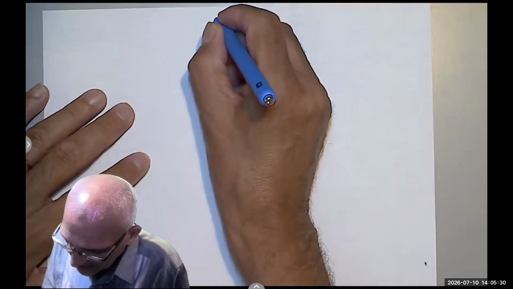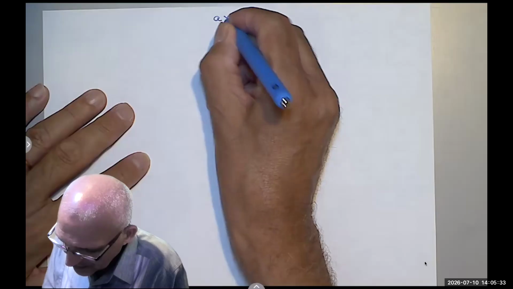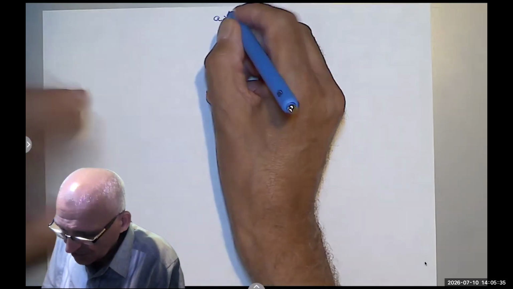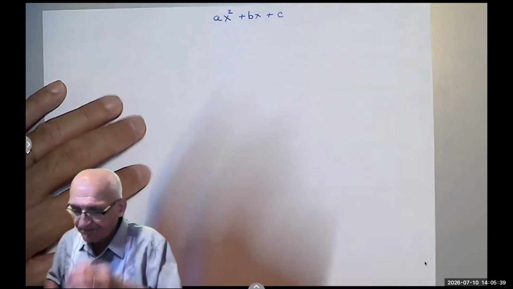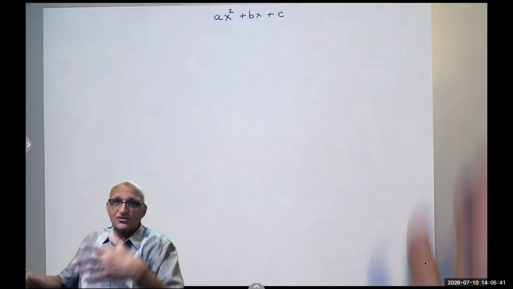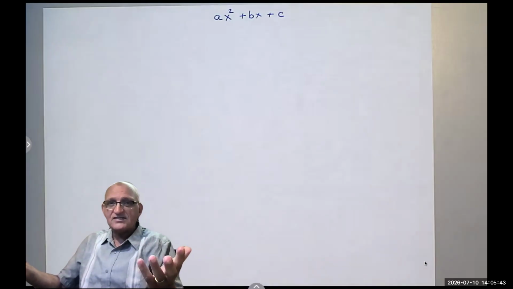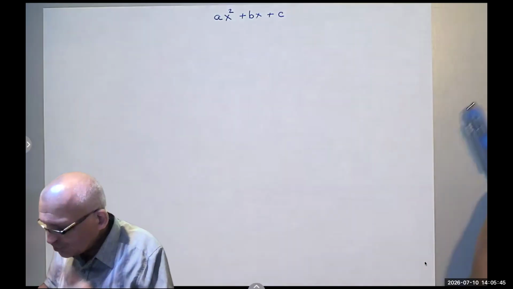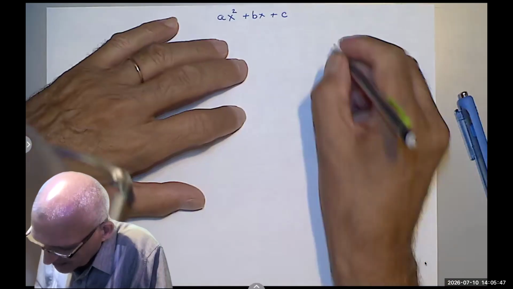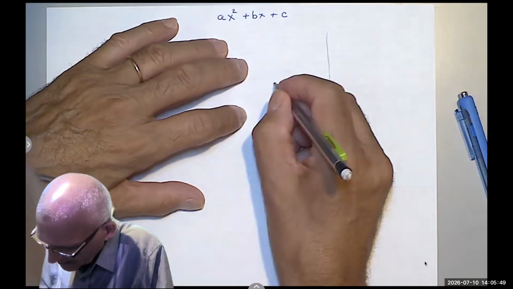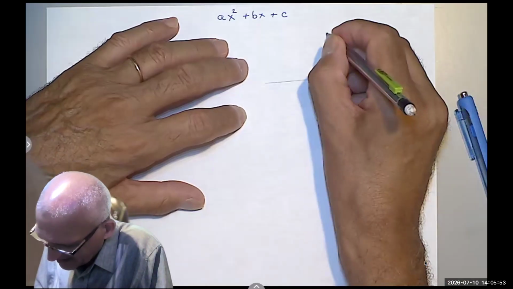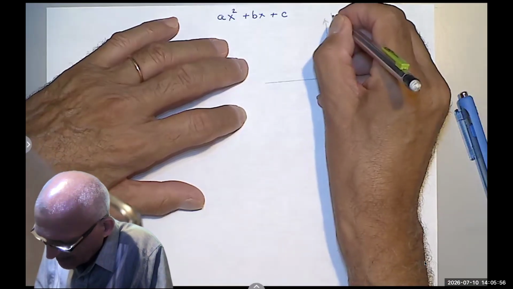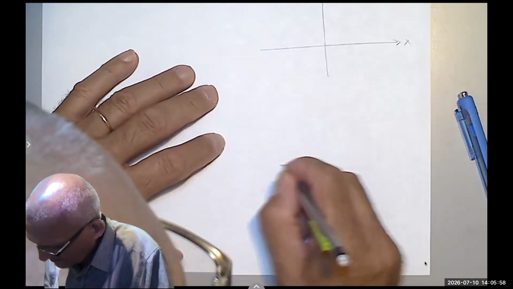A quadratic equation in its standard form, or a quadratic function, looks like ax squared plus bx plus c, right? If you equate it to 0 and make it an equation and you graph this equation, you will get 2 possible scenarios. In fact, there are 6 possible scenarios, but as families, you get 2 families here.